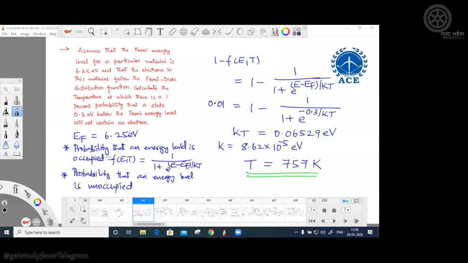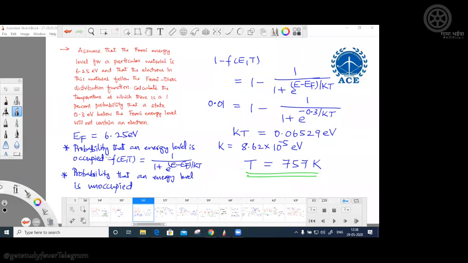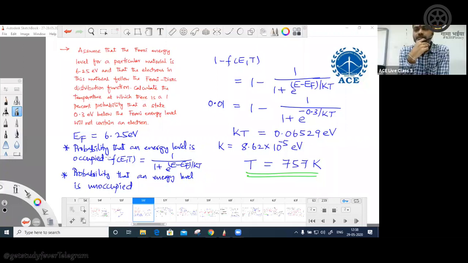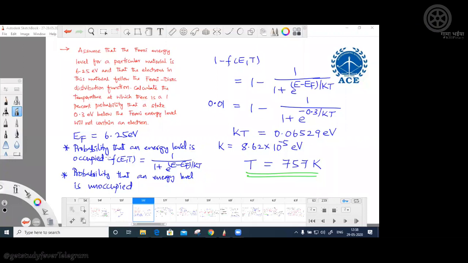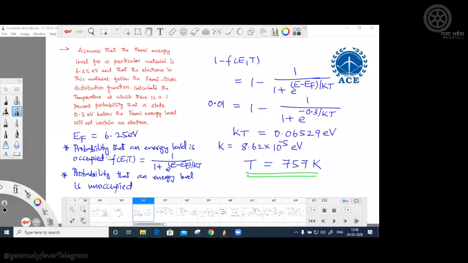Harsha, please. Hello? Sir, am I audible? Yes, please go ahead. Sir, in an intrinsic semiconductor, there is no concept of minority and majority, no, sir? Obviously. And suppose we are increasing the temperature, the Fermi level is getting down, no sir, near to the valence band?